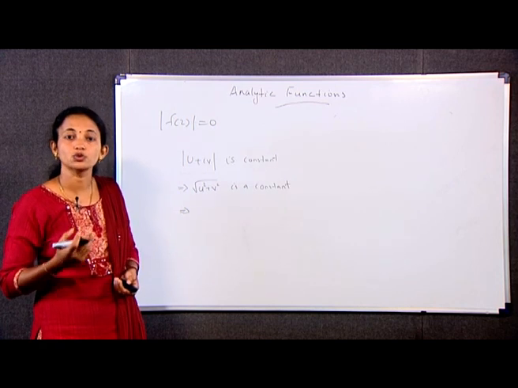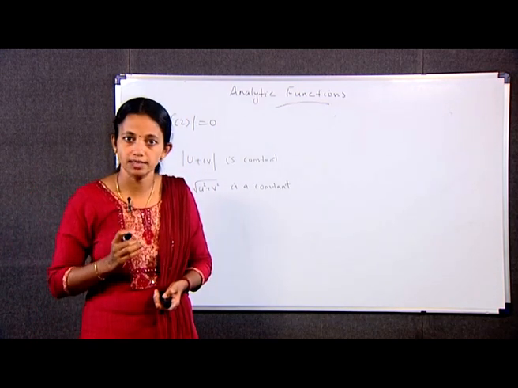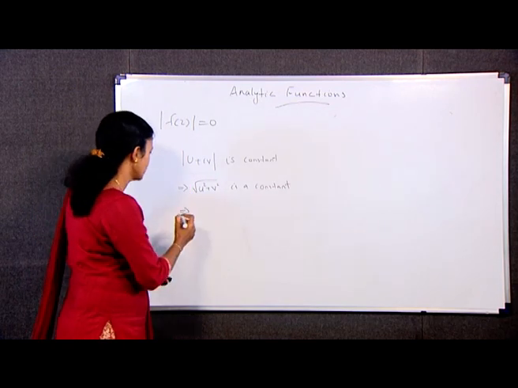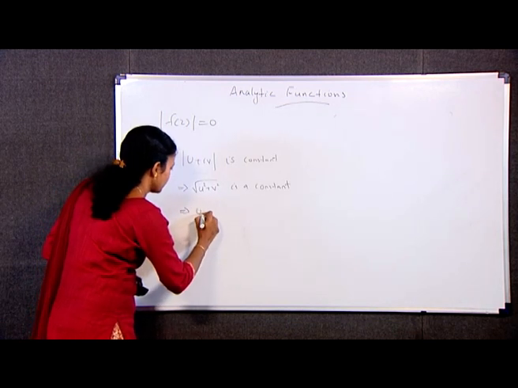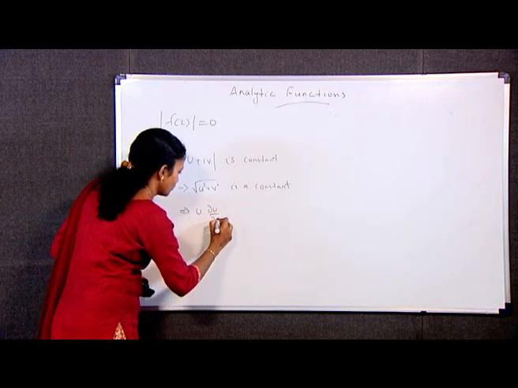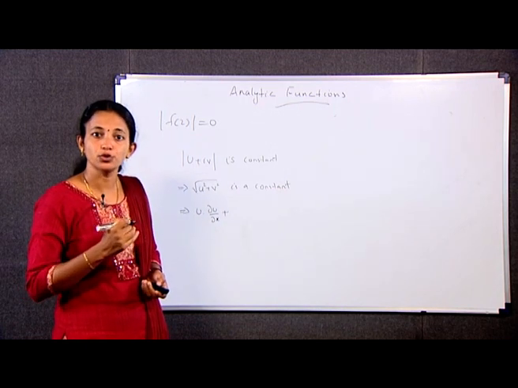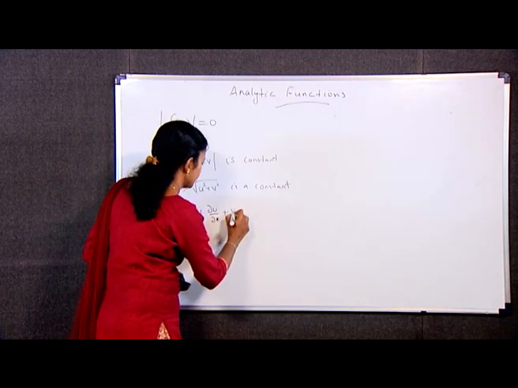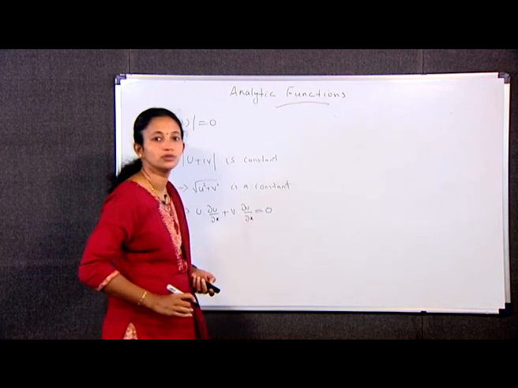Differentiating u square plus v square equal to c partially with respect to x, we obtain u into dou u by dou x plus u into dou u by dou x plus v into dou v by dou x equal to 0.